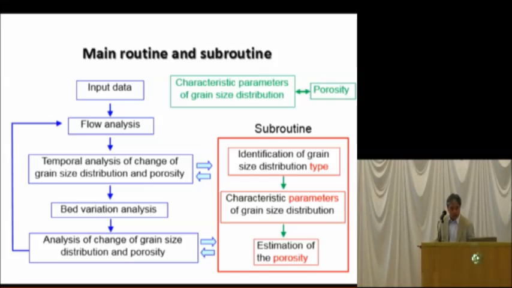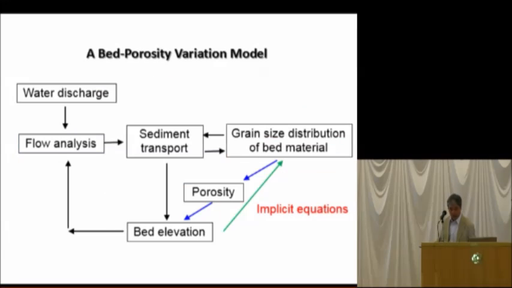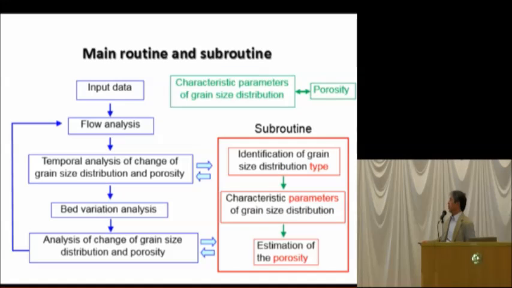For this implicit problem, firstly we calculate the temporal bed variation and the temporal change of the grain size distribution, and also using this relation, we calculate the change of the porosity like this.